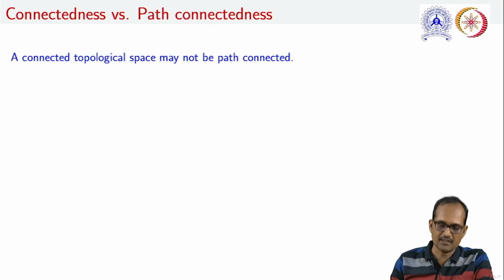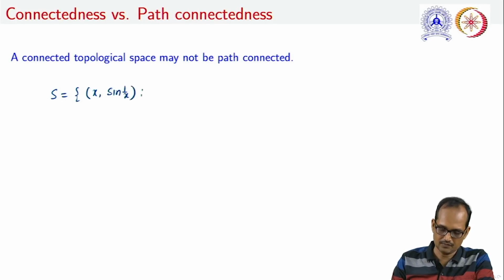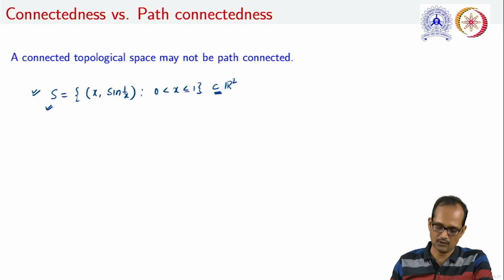What is the structure precisely? Let us take a set S, which is the collection of ordered pairs (x, sin(1/x)), where x is greater than 0 and less than or equal to 1. Note that this is a subset of R2, so we can talk about the relative topology on S with respect to the Euclidean topology on R2.